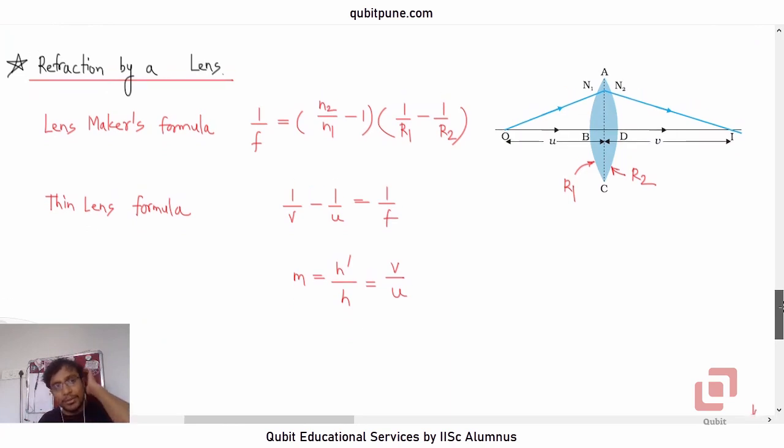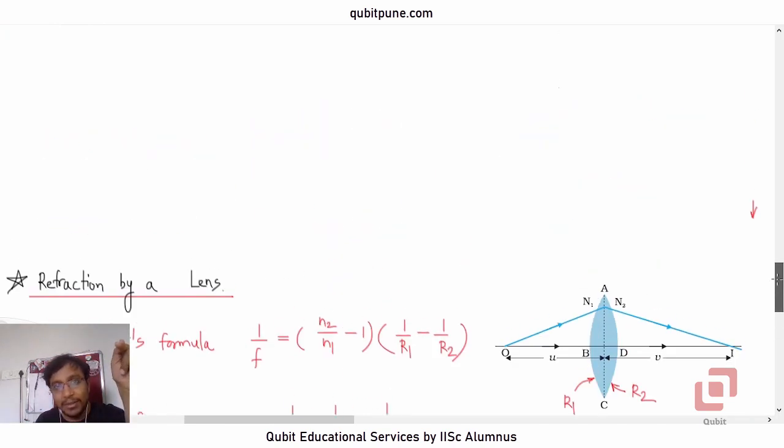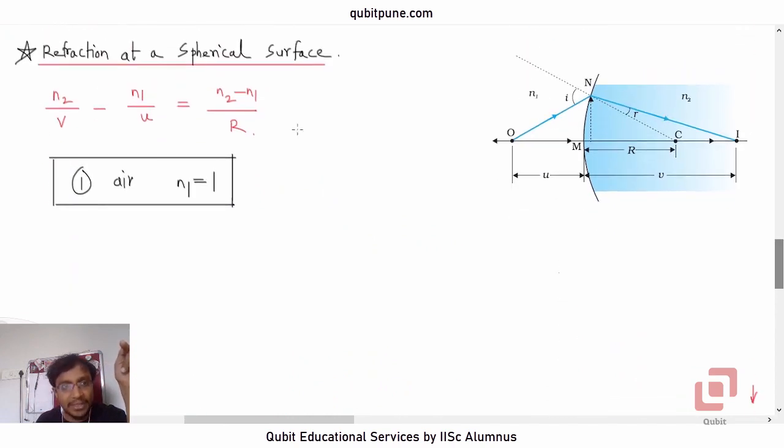So there are two important formulas here. The first one is the lens maker's formula, and the second one is the thin lens formula. What is the lens maker's formula? The lens maker's formula has been derived by successively applying this formula twice. Once we can already see that being applied here, and the second one, which I was explaining earlier, you forget everything but you just focus on the image formed by this refraction.